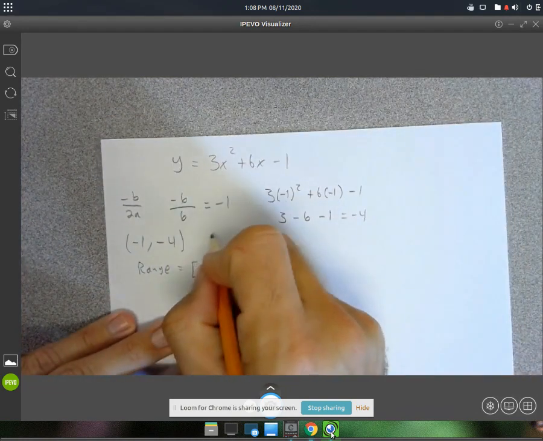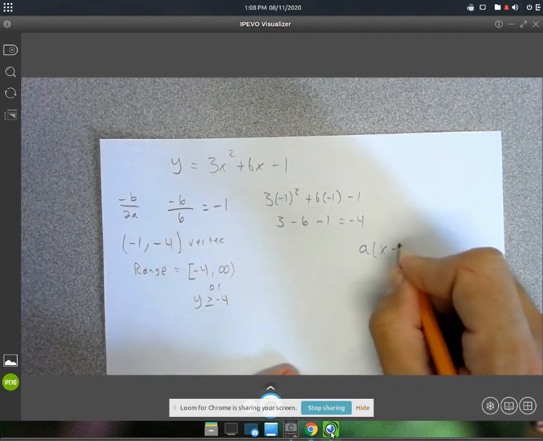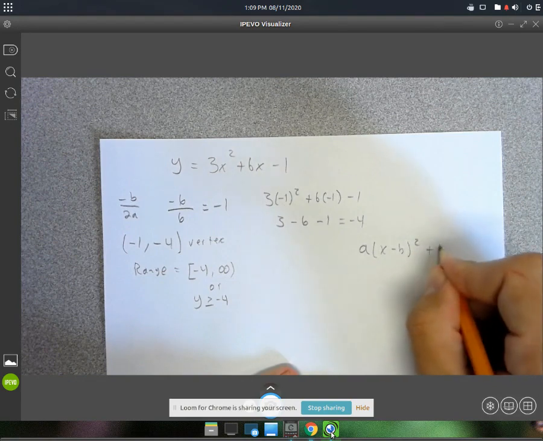All right, so this is our vertex, and we want to write it in vertex form, a times x minus h squared plus k.